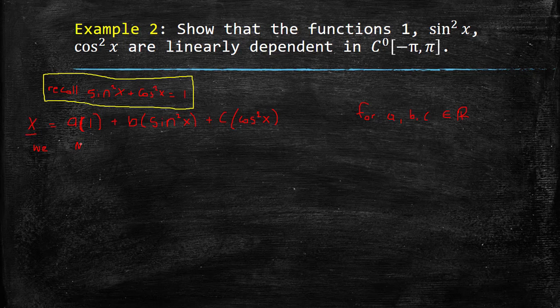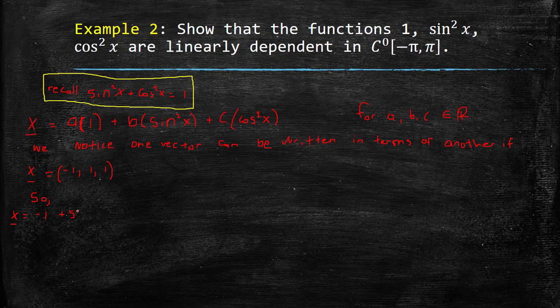Now, if we notice that one vector can be written in terms of another, if our vector is equal to minus 1, 1, and 1, it implies that a is equal to minus 1, b is equal to 1, and c is equal to 1.